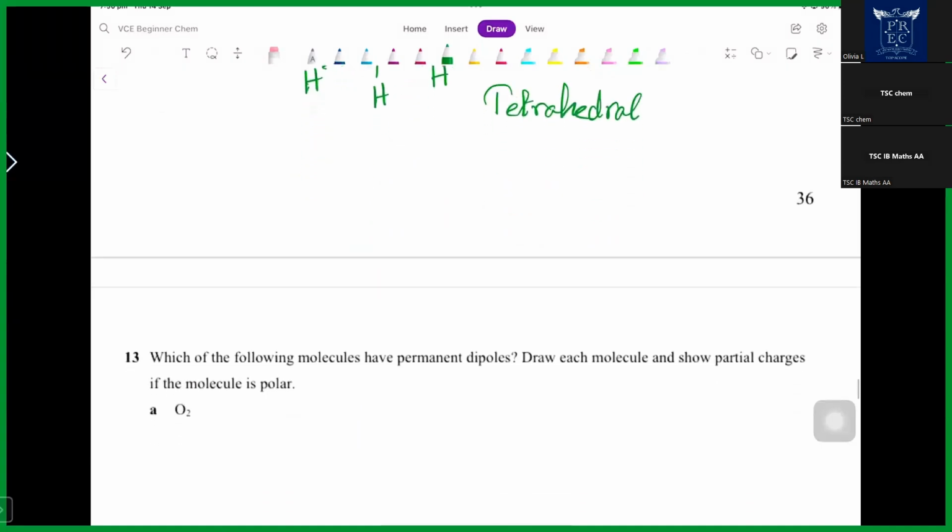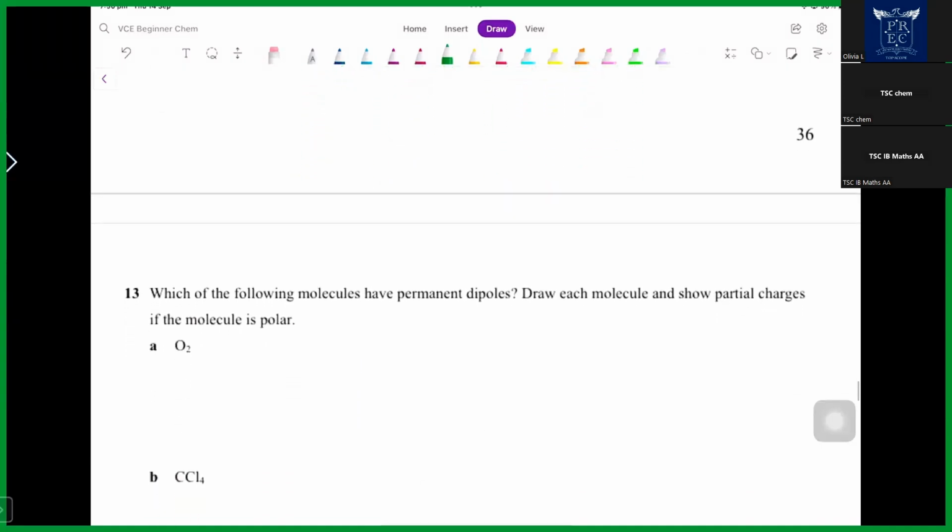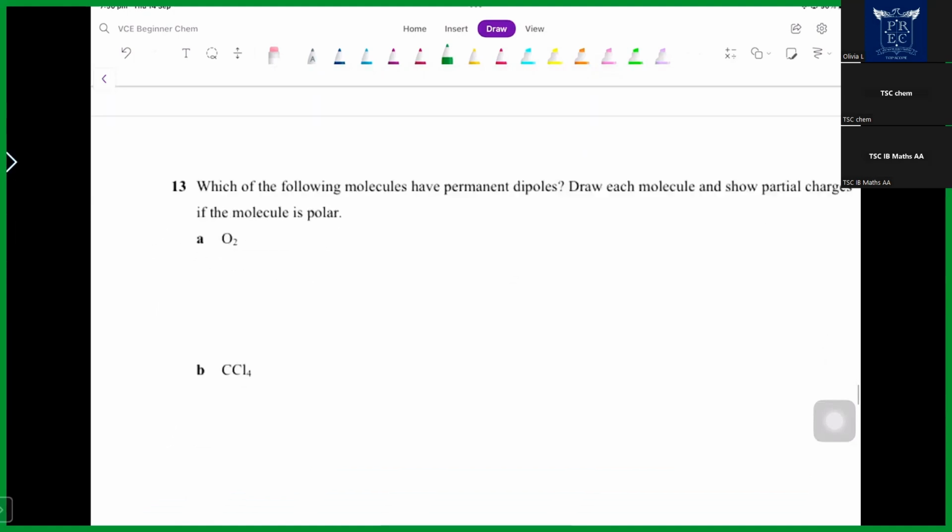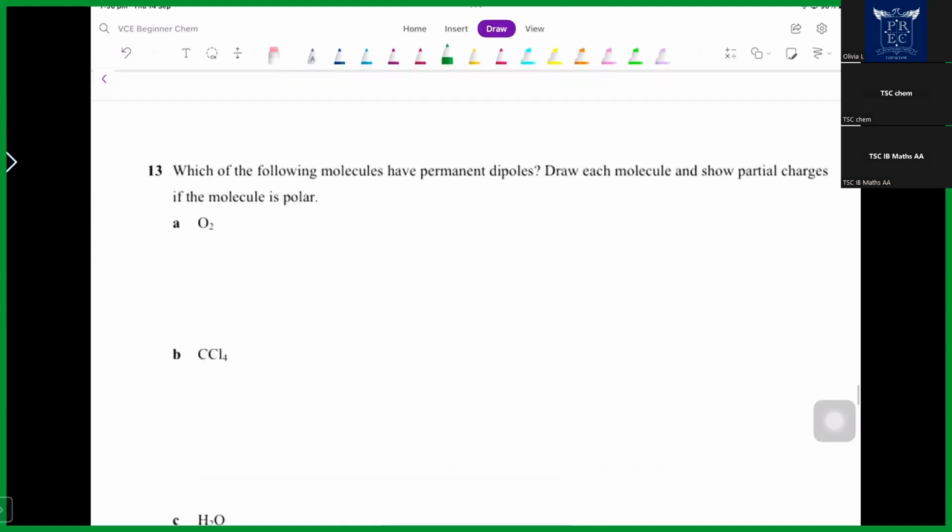Okay, permanent dipole. Oxygen, does it have a permanent dipole? It's a balanced structure, right? Oxygen is like this, double bond with this.